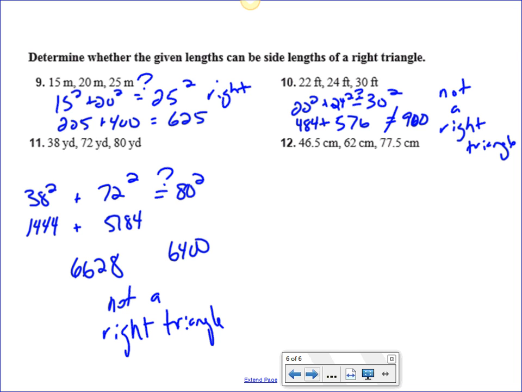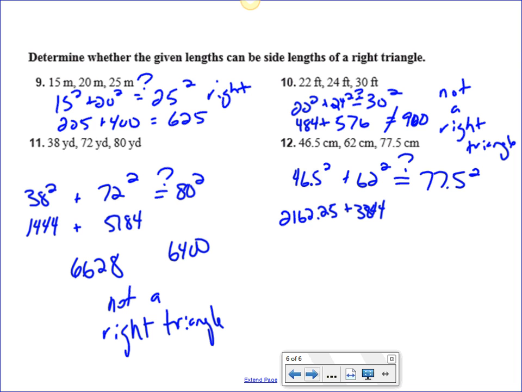Okay, so now this last one. 46.5 squared plus 62 squared, does that equal 77.5 squared? Okay, so 46.5 squared is 2,162.25, excuse me. 62 squared is 3,844.